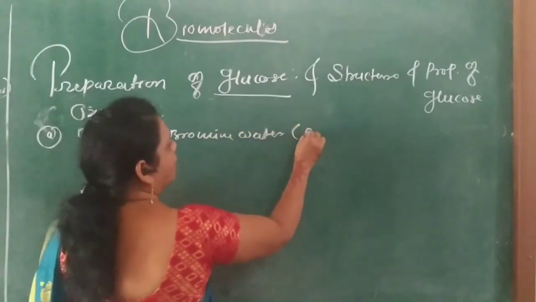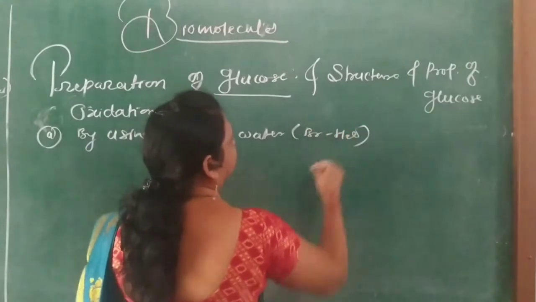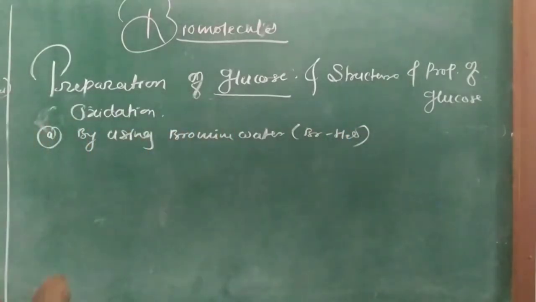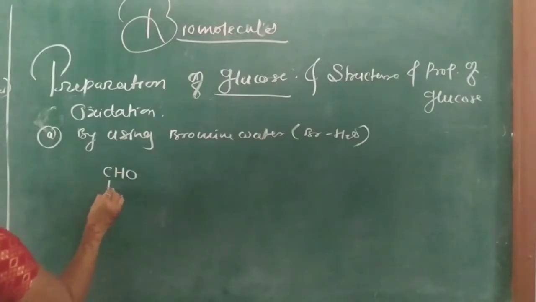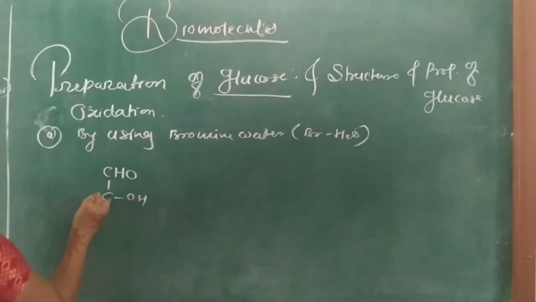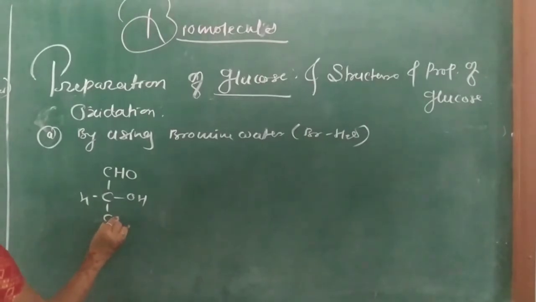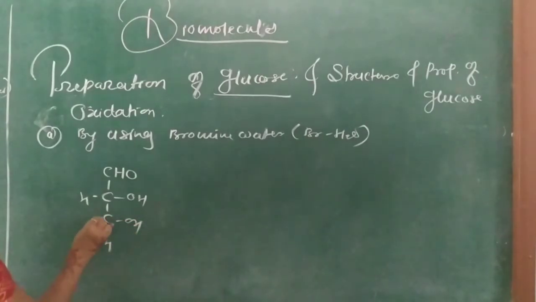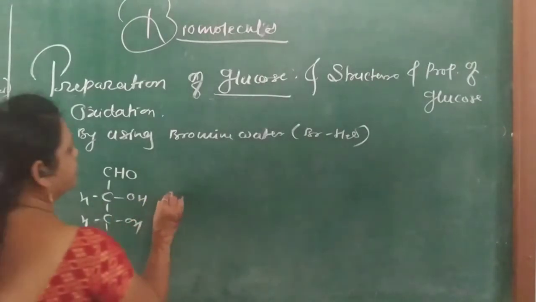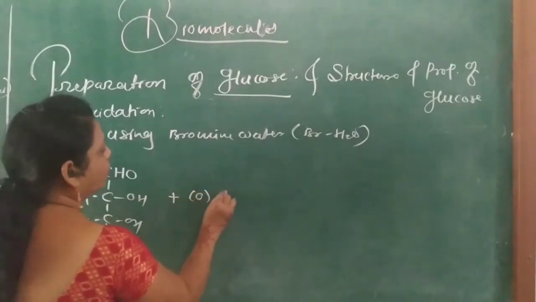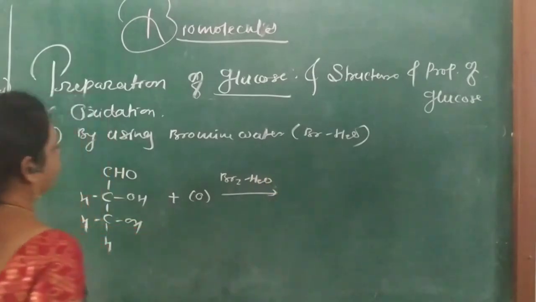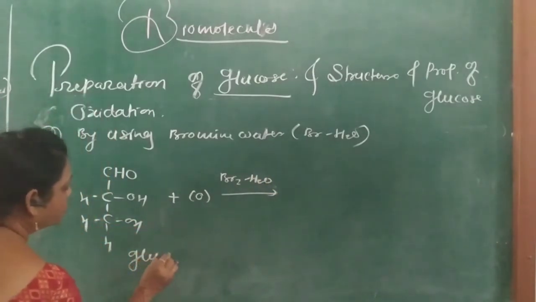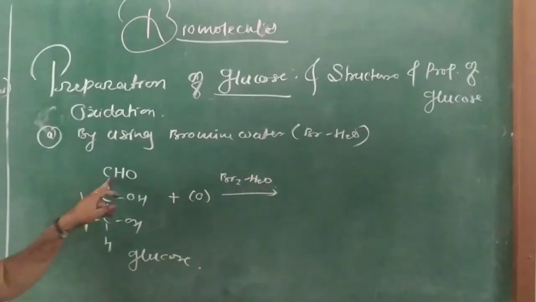Br2 water, H2O. Now here again CHO, CHOH by 4 and CH2OH. Again this indicates the presence of aldehyde group, here O in presence of Br2 water, and this glucose gets converted into gluconic acid.